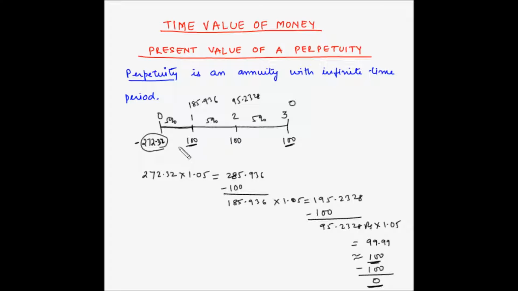So as you can see here, the original amount is continuously reducing at the end of every year and finally becomes zero at the end of the tenure. And why is that happening? Because the gain of interest on this amount is less than the amount that we are withdrawing at the end of each year.